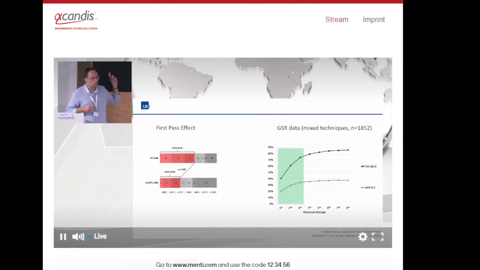So I'll go very quickly on the slide. We all know about the first pass effect and the effect of recanalization during the first few passes. It's not only about the time, so how fast we are, but we know that after 3 futile recanalizations, the chance that we add clinical benefit to the patients declines very rapidly.